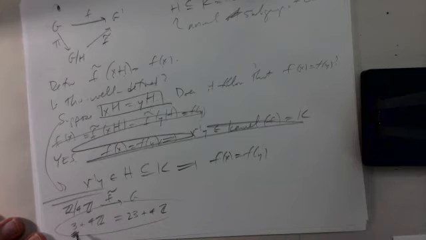The problem is, the coset 3 plus 4Z is the same as the coset 7 plus 4Z, and the same as 23 plus 4Z. But if I define the function in terms of this number, then it has to give me the same thing whether I use 3 as the representative element of the coset or 23. No matter which representative I use to describe the coset, F tilde has to give me the same value.